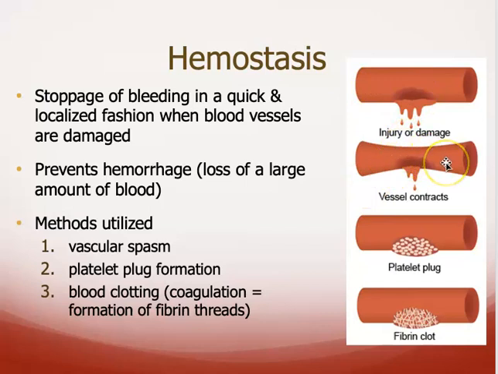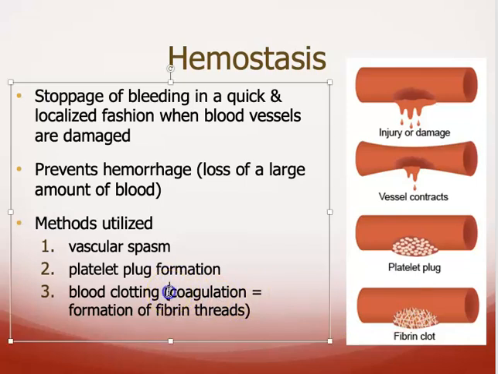The blood vessel is going to contract, and simply by contracting, or vascular spasm, the flow of blood is reduced, and therefore the loss of blood is reduced. This also allows for the aggregation of platelets, so they can more easily form a little plug. And then a clot, a fibrin clot, is sort of a protein mesh on top of the plug that makes it really strong and tight.